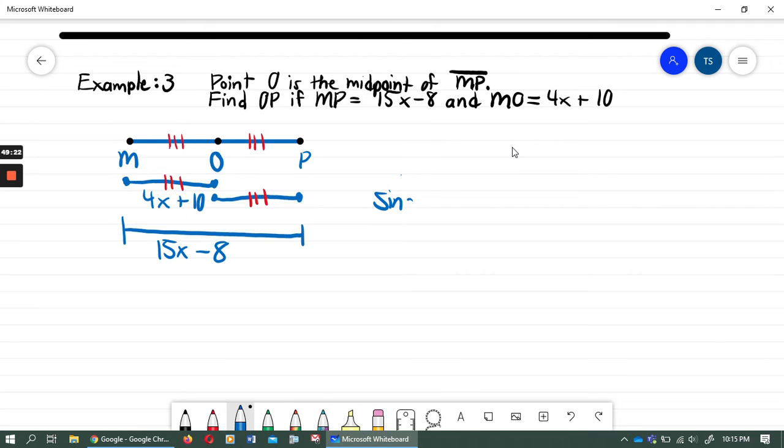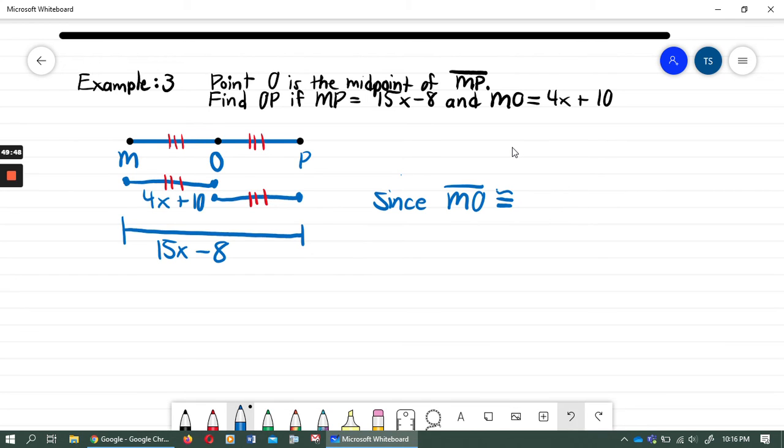And again, just going to write that out. Since segment MO is congruent to OP, and by the way, I also want to introduce you guys to this symbol, congruent.